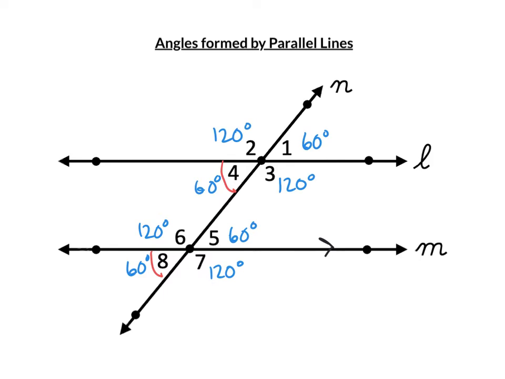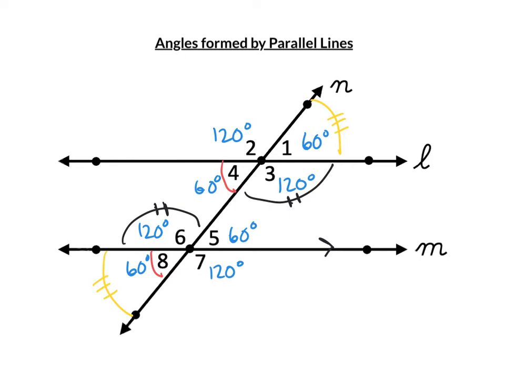We see that angle 6 and angle 3 are alternate interior angles, and they're congruent, 120 and 120. Angle 1 and angle 8 are alternate exterior angles. They're both 60.